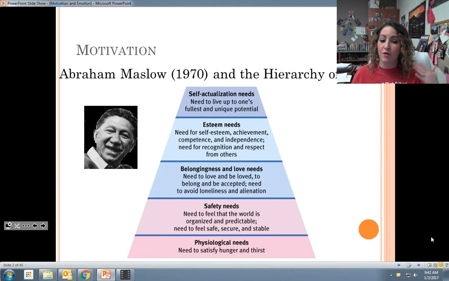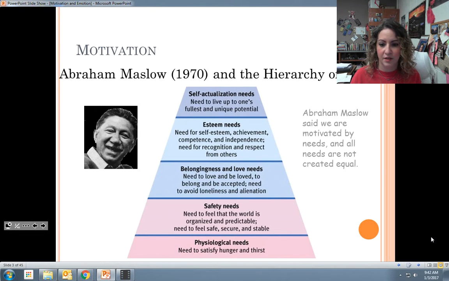And then we move up to love, belongingness, and then our own self-esteem. And when we've reached all of those, then we can be self-actualized. And that's the need to be one's best self and to live to our own potential. So Maslow said that all these needs are not created equal. We have to have physiological needs first before we have self-esteem.